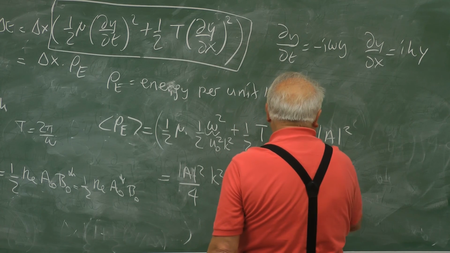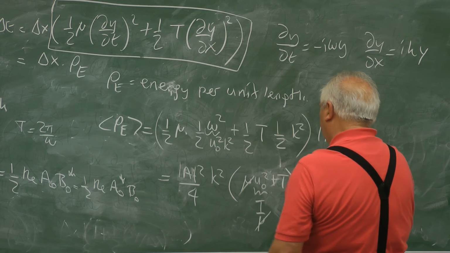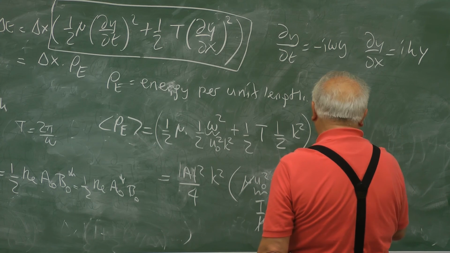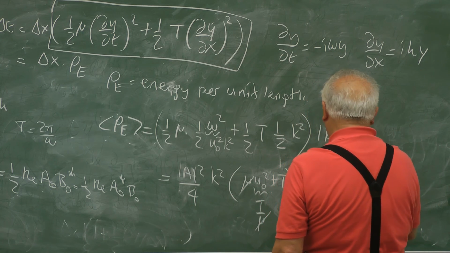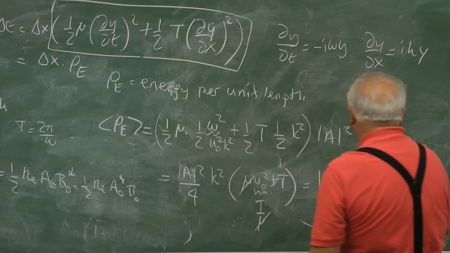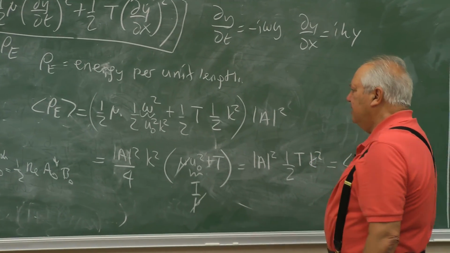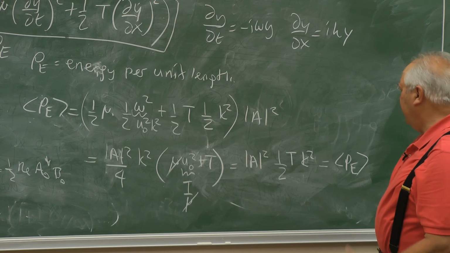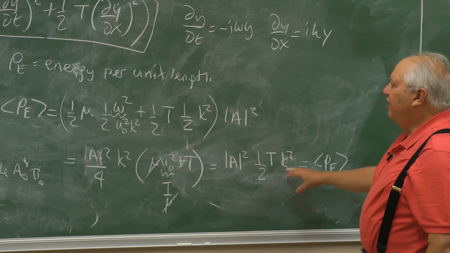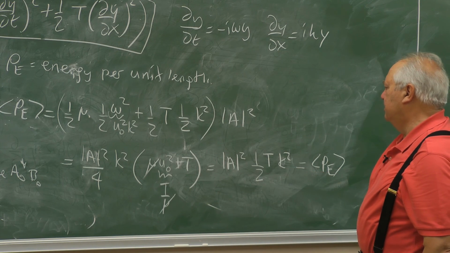The 2 cancels, so it is 1/2 T k² A². So this is the average energy density per unit length, if we have a sinusoidal wave traveling along this string.